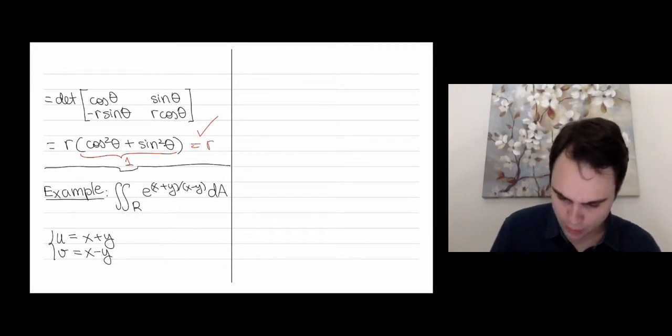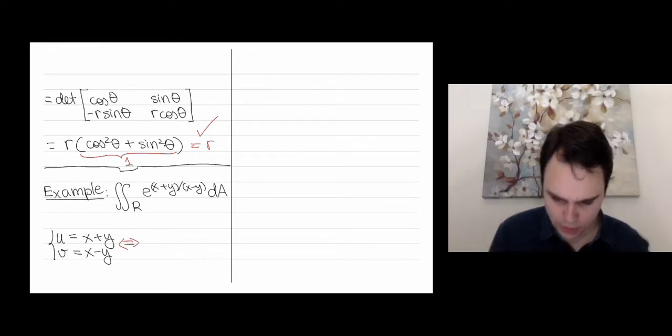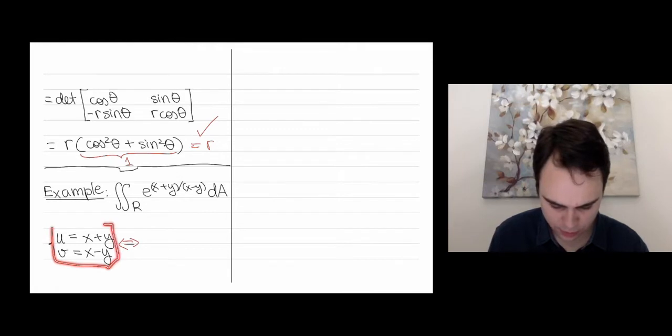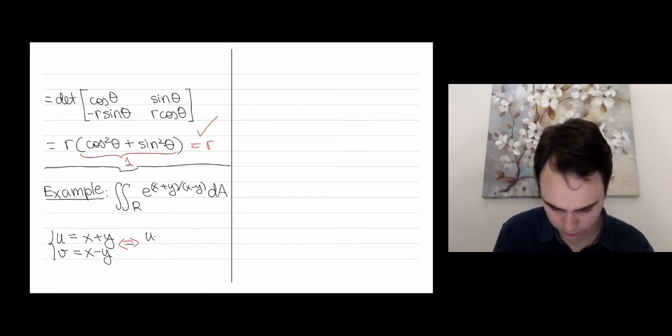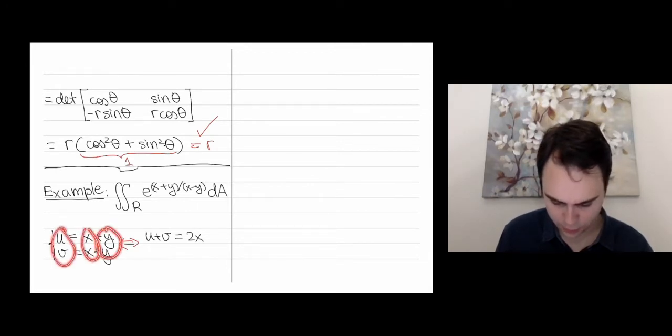Let me show you. You can go back and forth between u and v and x and y. I have these two equations, and I'm going to find x and y in terms of u and v. A quick way is to just add the two equations. If you add them, you get that u plus v is equal to 2x plus 0.